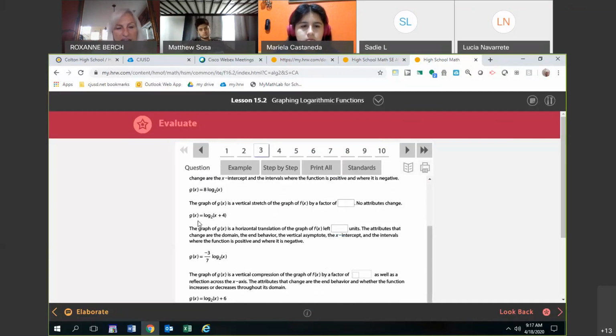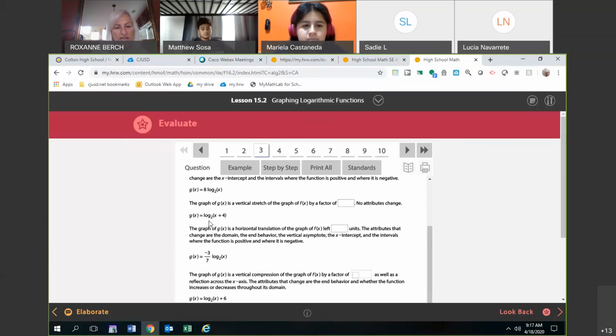The function g, 8 times log base 2 of x. The graph of g is a vertical stretch of the parent by a factor of what, ladies and gentlemen? Somebody unmute yourself and tell me. 8. Exactly. So you would put 8 in there. Let's look at the next problem.